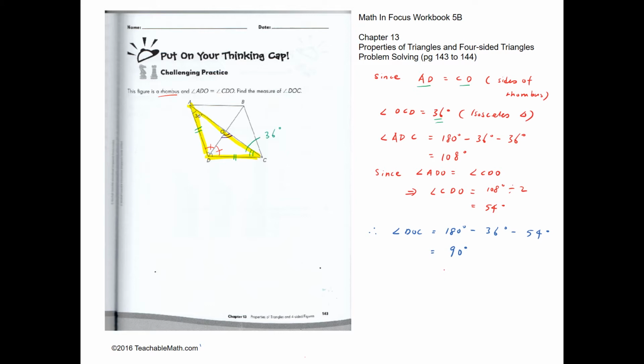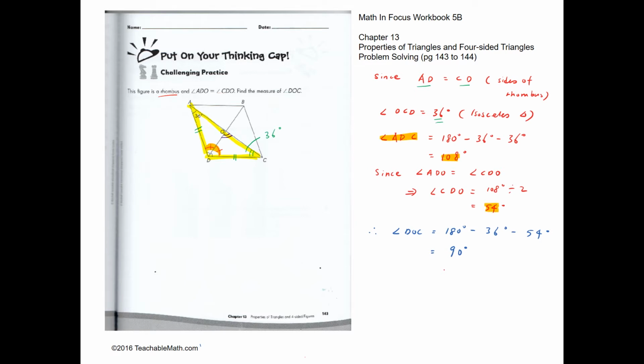If we know that already, it is easy to find the angle over here. It is easy now to find this angle, which is angle ADC. ADC would now be 180 minus 36, which is 108. And to find ADO, it is just going to be half, which is 54.